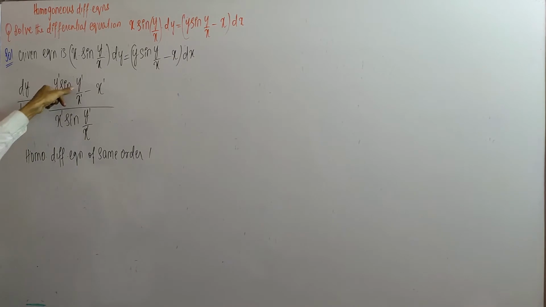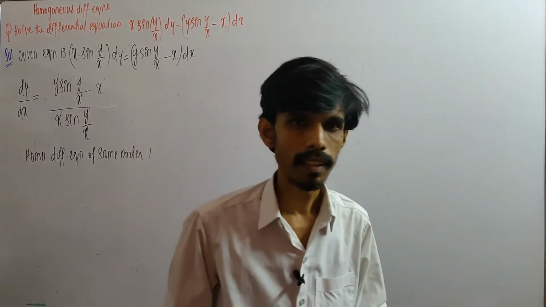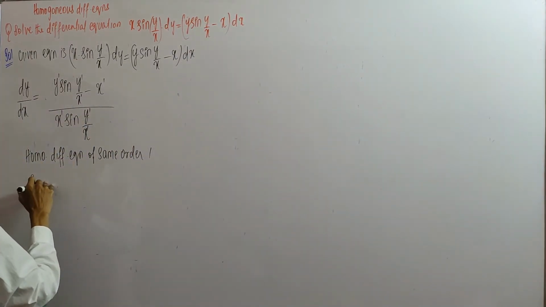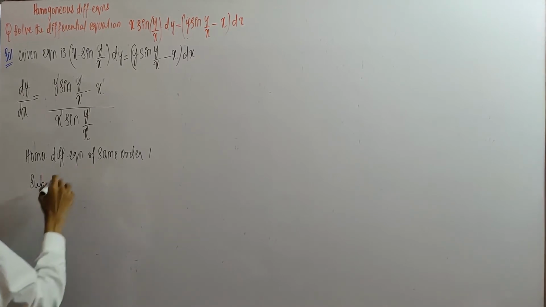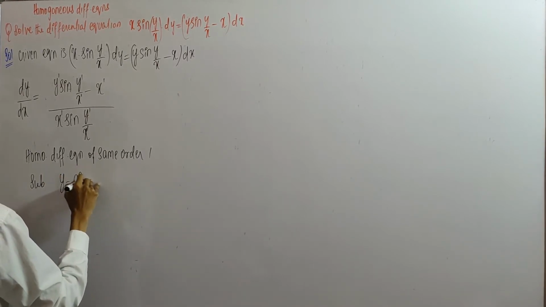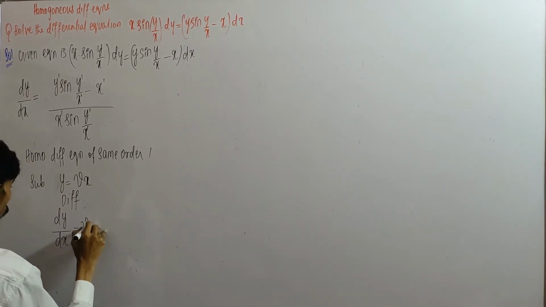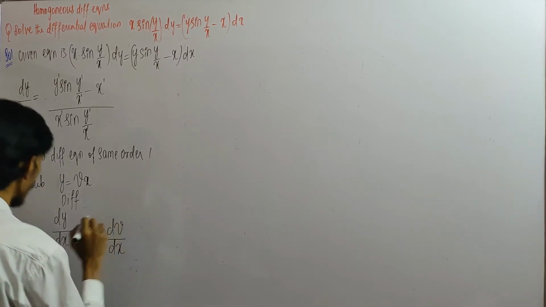Whenever you see y by x, those questions can mostly be solved by substitution, that is, substituting the y value as vx. Here v is a function of x. Now differentiate this, we'll get dy by dx is equal to v plus x dv by dx.